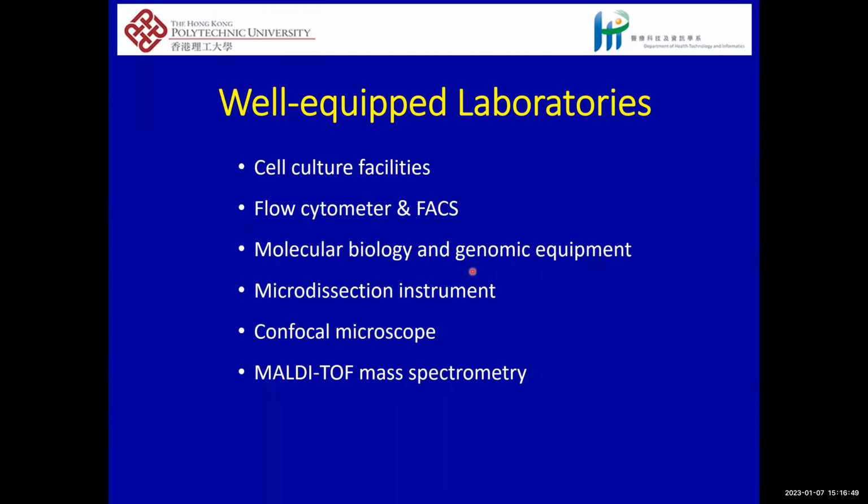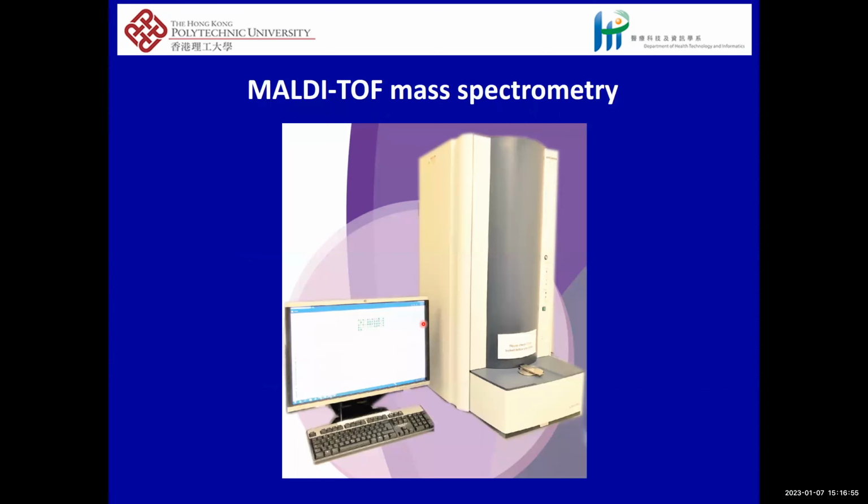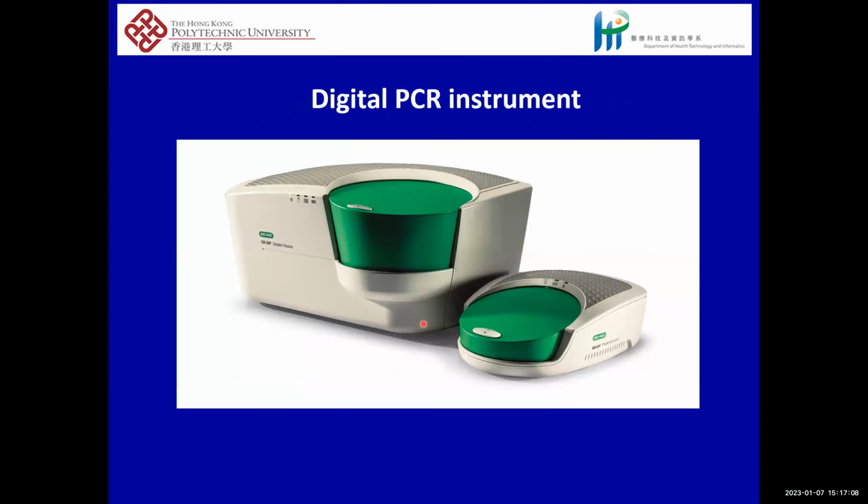Okay, so I will just show you some pictures of the equipment. Marditov, this is the old one, and now we even have a new one. Marditov mass spectrometry is now very common, installed in microbiology labs. Digital PCR is getting more and more common, even in HA hospitals.